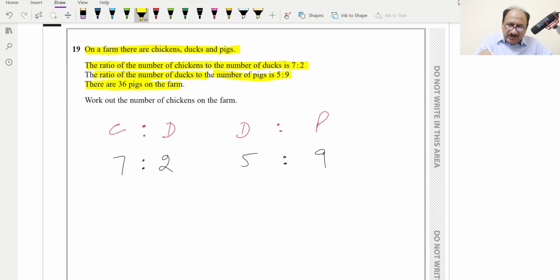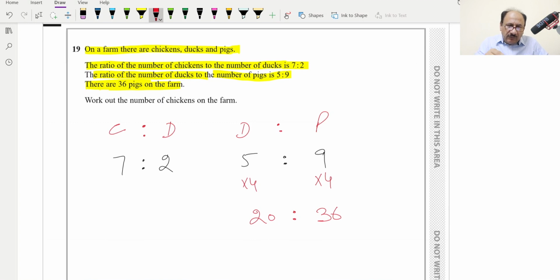So 36 pigs means what? We will have to multiply this 9 by 4 to get 36 pigs, right? So we will be multiplying 5 also by 4. We will have to multiply both ratios by the same number. So this will be 36, and this will be 20.